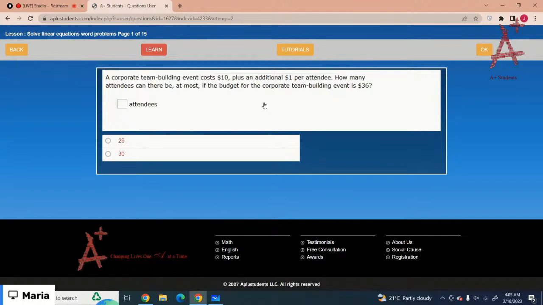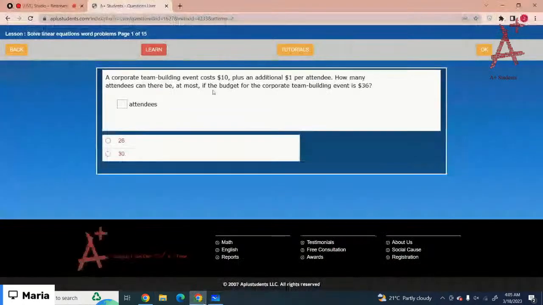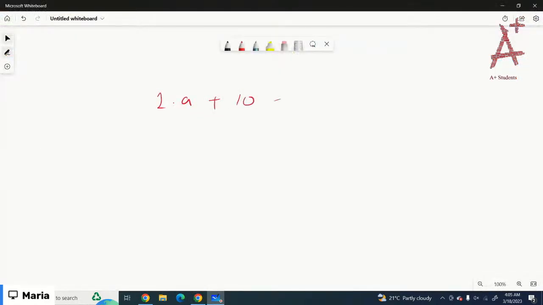So if we write down the equation first, the budget is $36 and we have one dollar per attendee and the event cost is $10. So it would be 1 times A, because of the attendees, plus 10 equals 36.